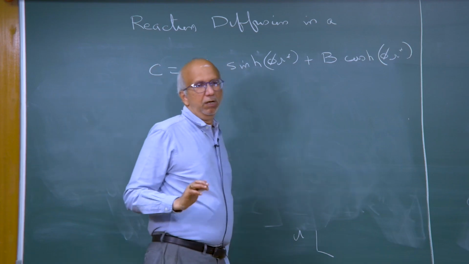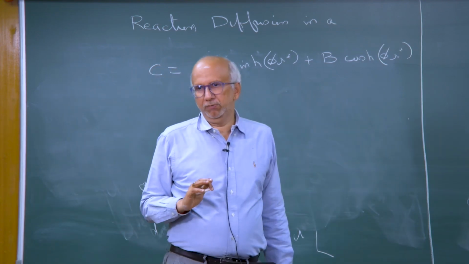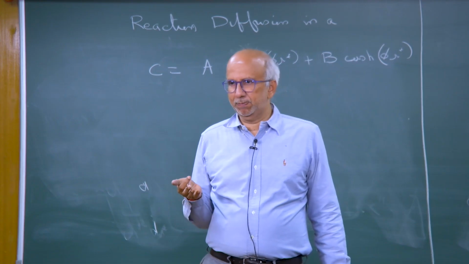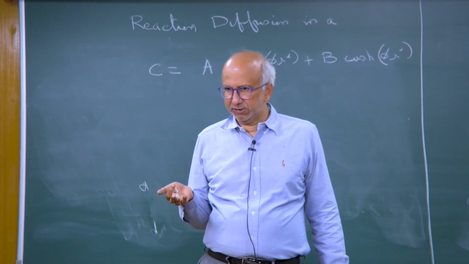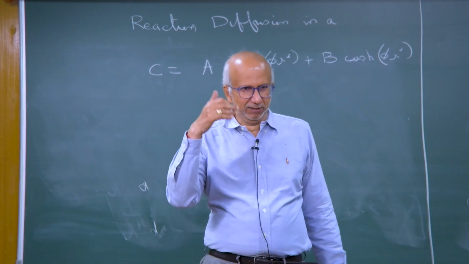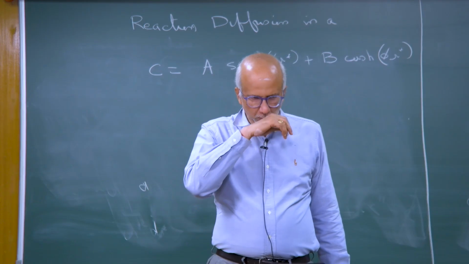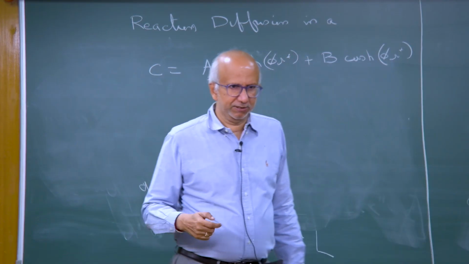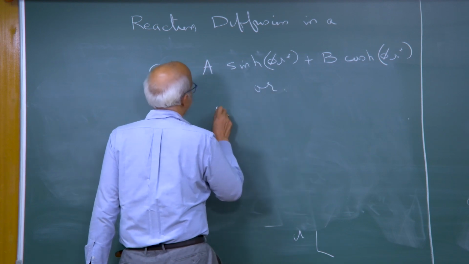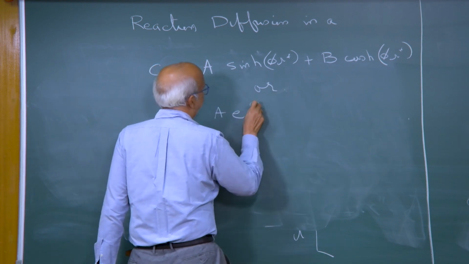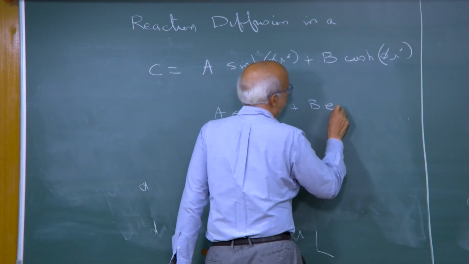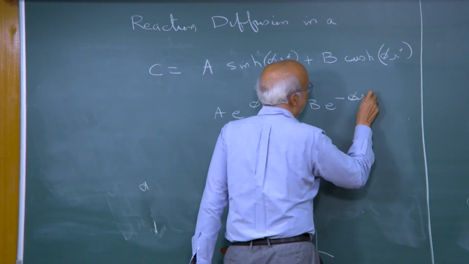So, you can do, I mean, if you are not comfortable with the hyperbolic functions, you can choose e power phi r star, e power minus phi r star, and do it, you will get the same result. So, those of you who are not understanding this hyperbolic function, go and do it in exponential and make sure you get the same thing. Okay. Or we can choose A e power phi r star plus B e power minus phi r star.